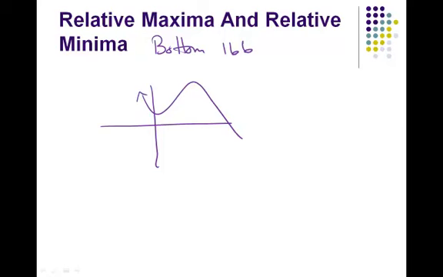Now, a maximum or minimum is the greatest or largest y value. When we're talking about function values, we're talking about y values. So if a graph has a max or a min, maximum or minimum, that's the largest or smallest y value.